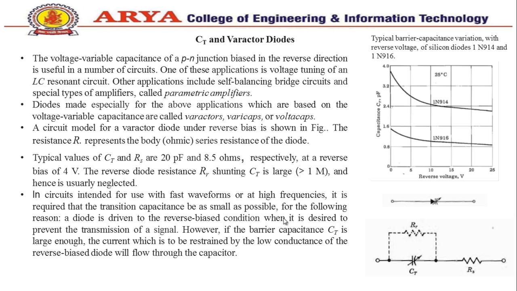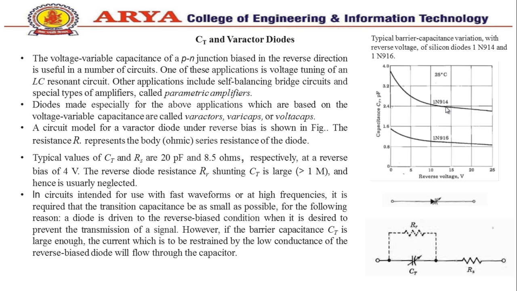This variation can be seen in this figure of two typical diodes, showing their typical barrier capacitance variation with reverse voltage for silicon diodes 1N914 and 916. So you can see here that for an increase in forward bias, Vd positive, W decreases and Ct increases.